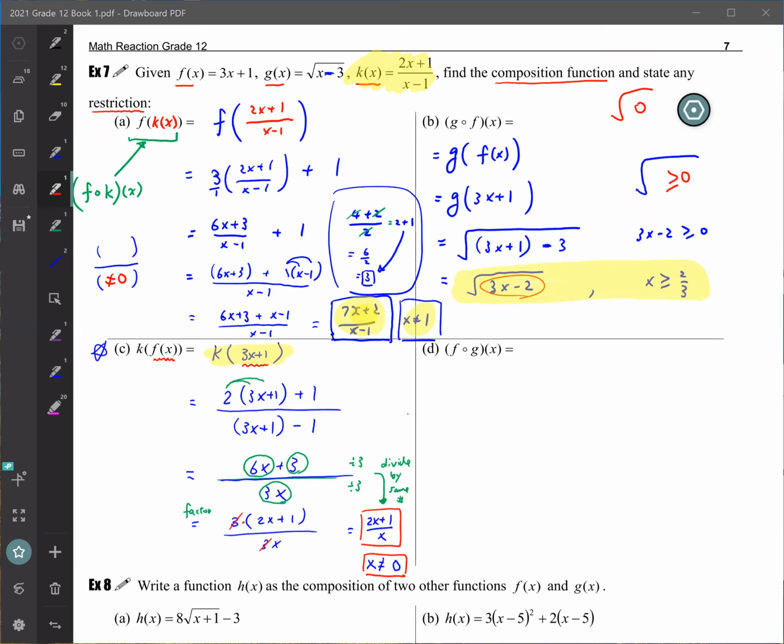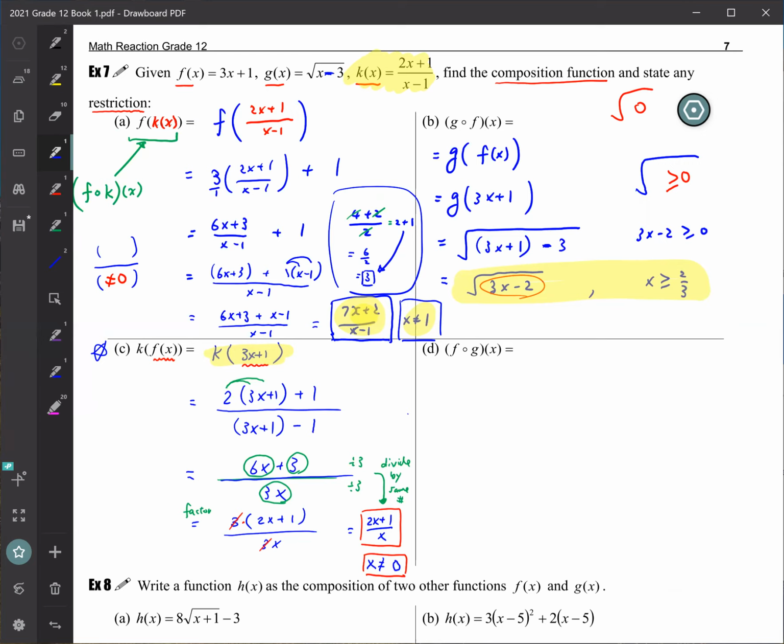Okay, I have a question for you first. Claire, which function is the inside function for question D? G of x, so it's the square root of x minus 3. Yes, very good.